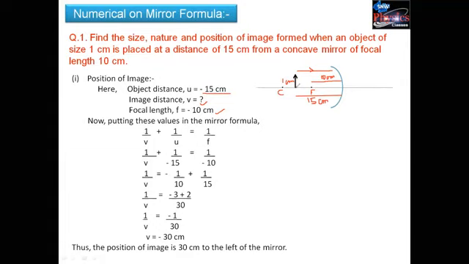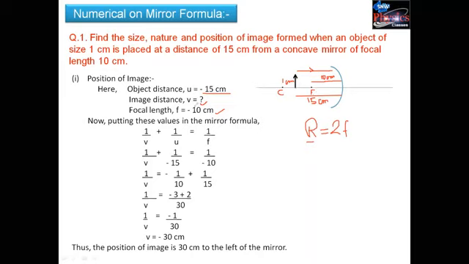Do you remember the formula f is equal to r by 2 और r is equal to twice the focal length. ये फॉर्मूला इसके पिछले वीडियो में हम लोगों ने डिस्कस किया है. ठीक है, तो फोकल लेंथ अगर मेरा 10 है, देन सेंटर ऑफ कर्वेचर और रेडियस ऑफ कर्वेचर वी रिप्रेजेंटेड बाय r आल्सो. सो ये ट्वाइस होना चाहिए, इट मींस इट मस्ट बी 10 प्लस 10 दैट इज 20. तो 20 नहीं है, यहाँ पे 15 सेंटीमीटर ऑब्जेक्ट की डिस्टेंस है. इट मींस इट विल लाई बिटवीन द सेंटर ऑफ कर्वेचर एंड प्रिंसिपल फोकस.